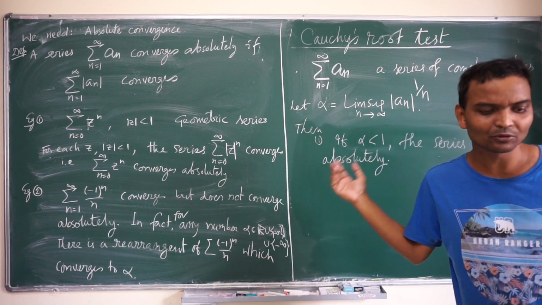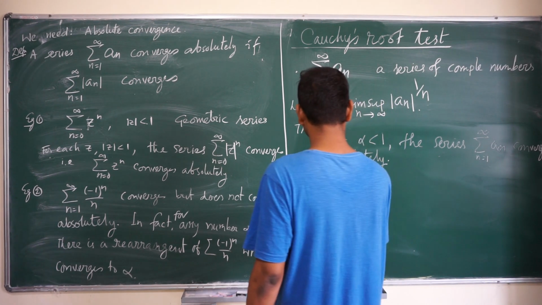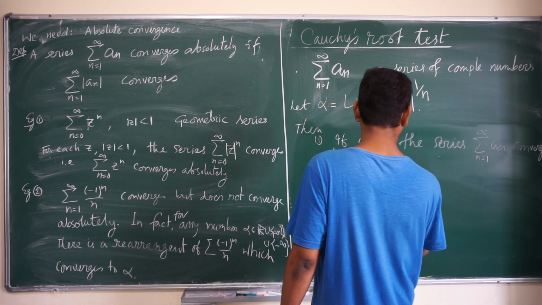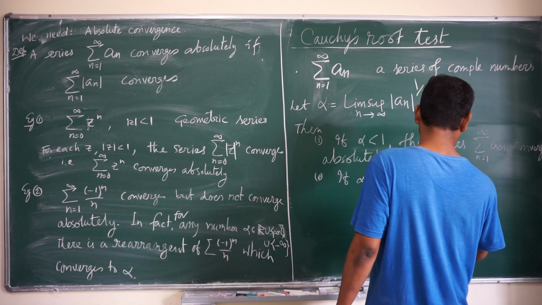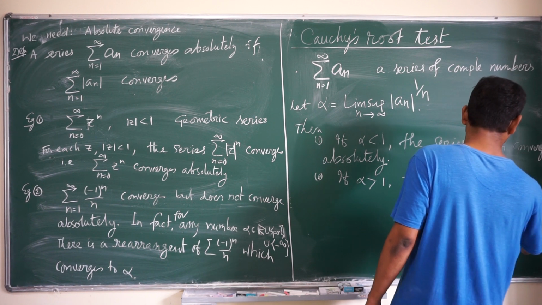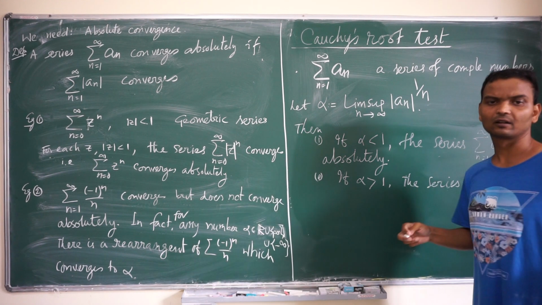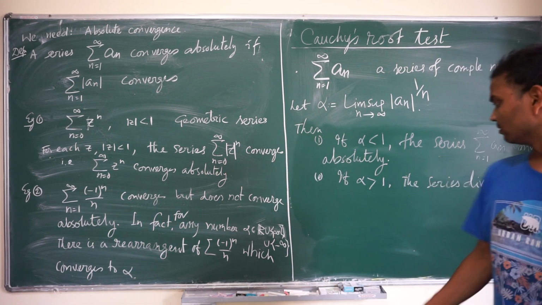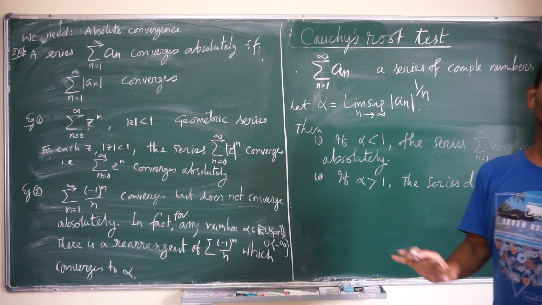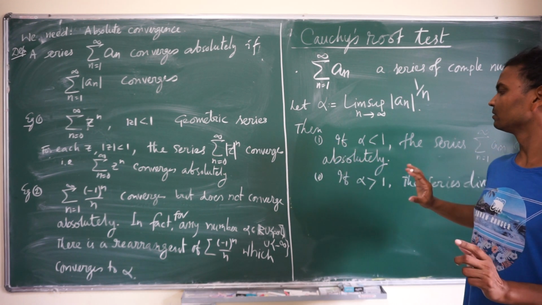Alright, we actually have absolute convergence, and of course if alpha is greater than 1, the series diverges. The series of mods, mod a n, diverges to infinity. So these two are important. For alpha equal to 1, we will not have information, but this is what we need.